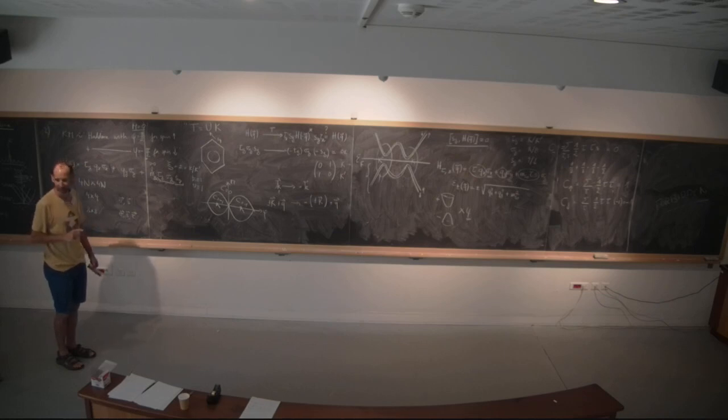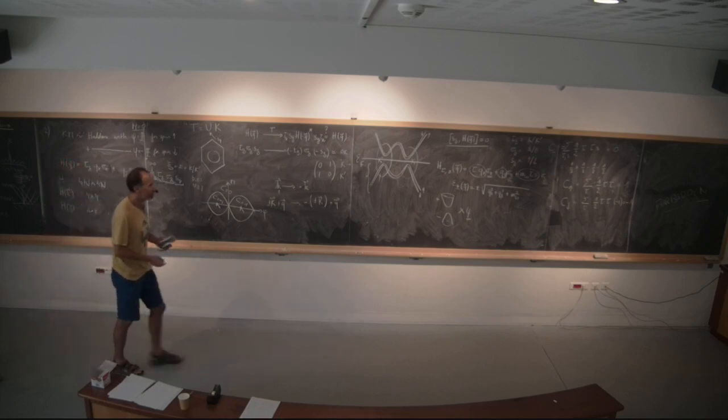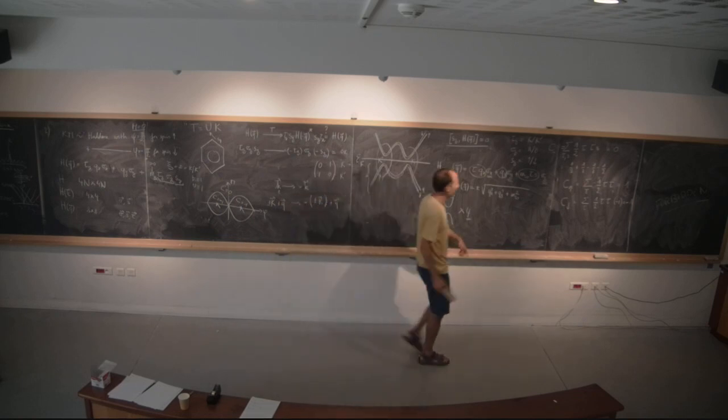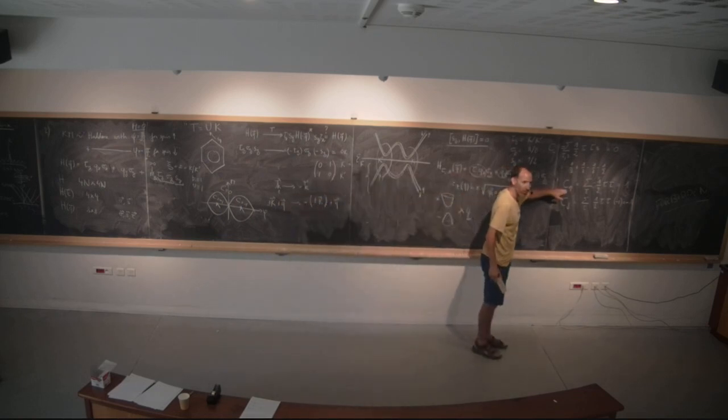So it only propagates in one direction, and the direction in which it propagates depends on whether you're going from Chern equal 1 to Chern equal 0, or from Chern equal 0 to Chern equal 1. This flips the direction of chirality. But here, you see, we have Chern number for spin up.